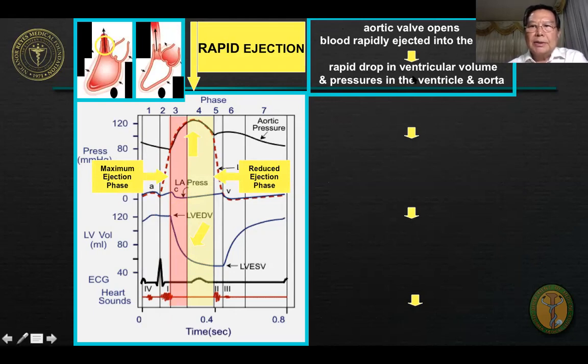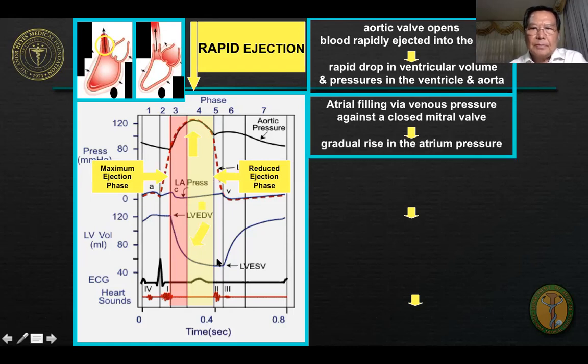And there is a drop in ventricular volume, right? So if this were the volume inside the left ventricle, at this particular rapid ejection phase, you would note that there is a very significant drop in your left ventricular volume, right?